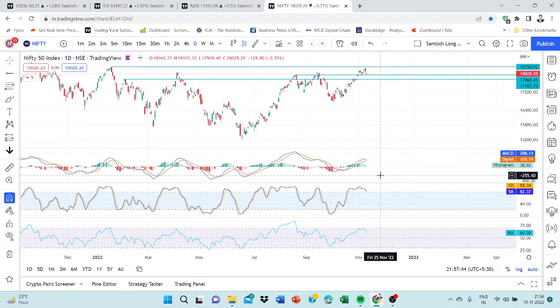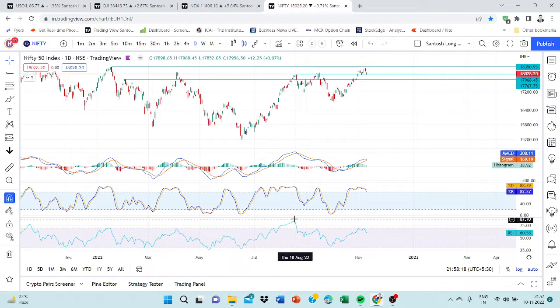And if we consider the indicators, MACD is supposed to make a bearish crossover. You can see the MACD here. Stochastic is already making a negative crossover. It's above 60, but it's making a negative crossover. And RSI took resistance around 70 and it's coming downward.